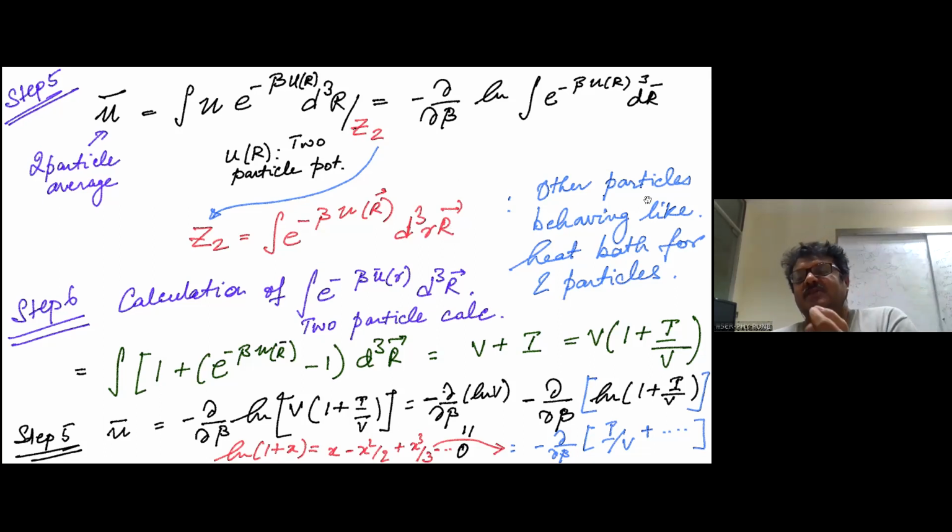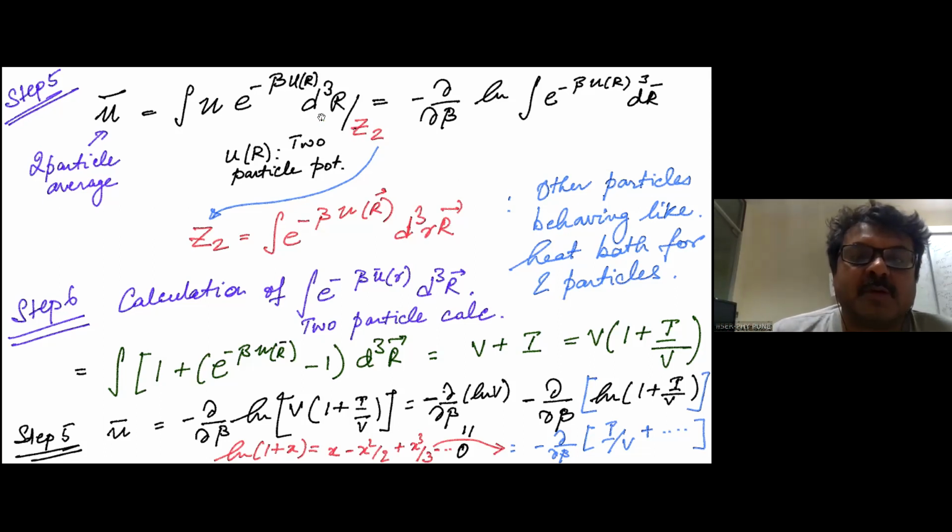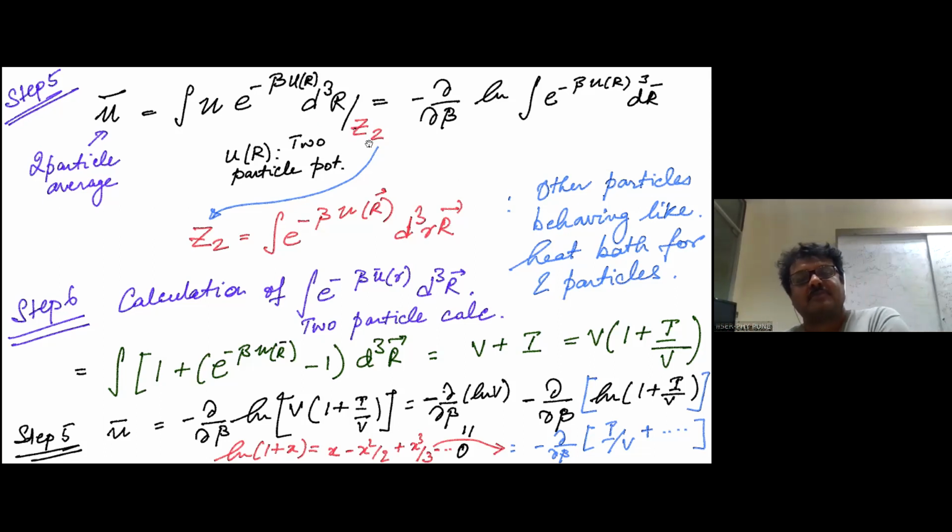So basically, you are just considering what is the average interaction in a heat bath of all other particles, and the probability that these two particles will be a certain distance away is e to the minus beta U(r) by Z2. And you're integrating over all space that is available, right? So that's what we have done. And step 6 of the calculation is that this can now be relatively easily calculated.